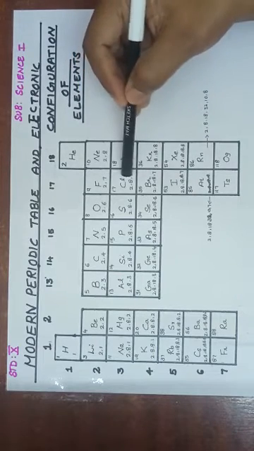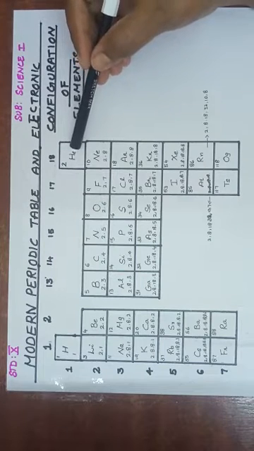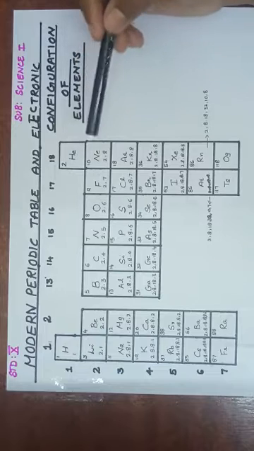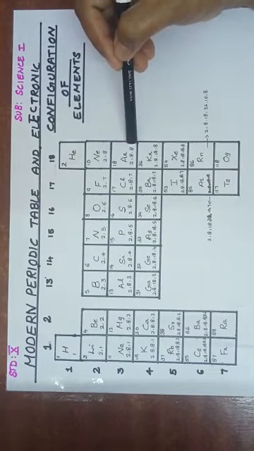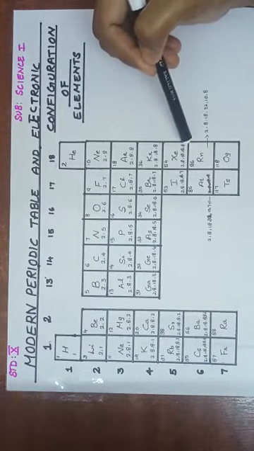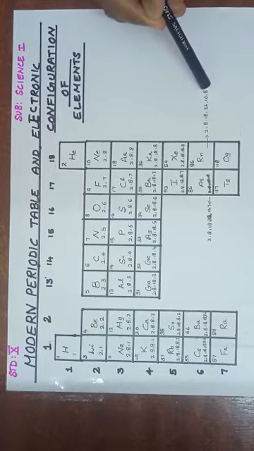Its valency is 1. Now 18th group elements: helium has 2, so its electronic configuration is 2 only. Neon 8, argon valence electrons 8, krypton 8, xenon 8, radon 8.